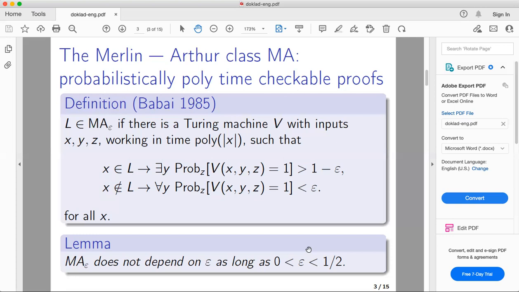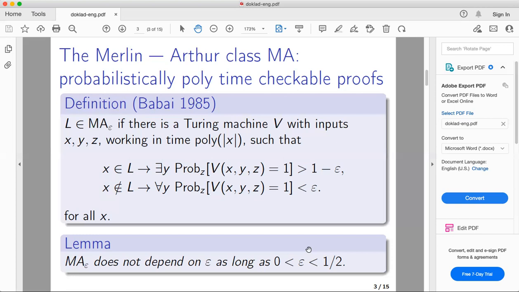And Merlin wants to convince Arthur that certain strings are in the language. And to this end, Arthur has a polynomial time machine V, which is used to check the proofs.